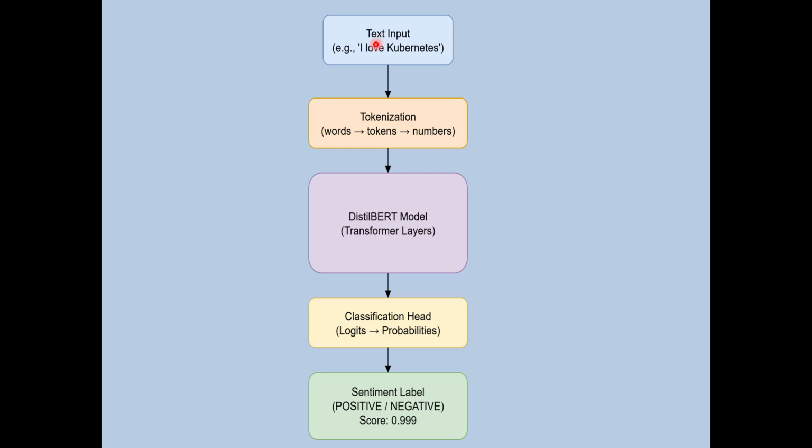Let's understand with this visual: when we pass in text like "I love Kubernetes" to our model using the classifier keyword, Hugging Face will automatically tokenize it, meaning it converts words into numbers that the model can understand. The model then processes these tokens through multiple layers of the neural network and outputs probabilities for each label. Finally, the pipeline returns the label with the highest probability.